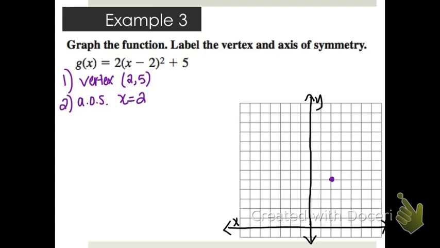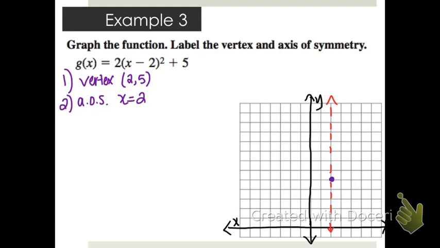So it's always going to pass through that vertex. There we go.